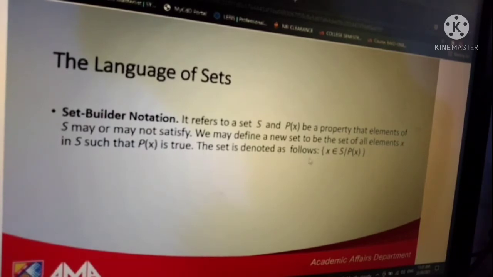So, the set is denoted, ito yan. Ang set ay sinusulat sa ganito. X in S such that P of X. Naka-bracket. Para ipakilala natin yung set. Yun yung kanina pinakita ko sa inyo. Ganun sinusulat ang set.